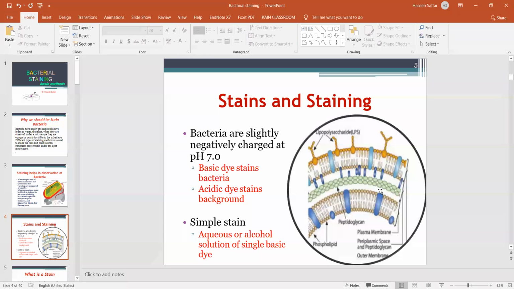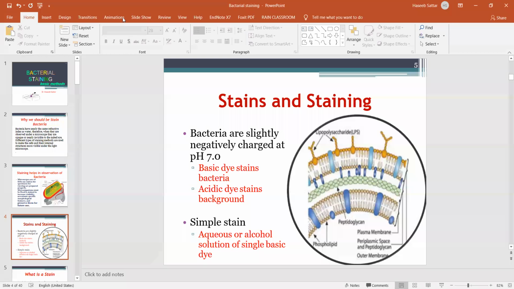As a general rule, because they are negatively charged, we have two types of dyes, basic and acidic dye. The basic dye stains the bacteria, while the acidic dye, or counter dye, stains the background.